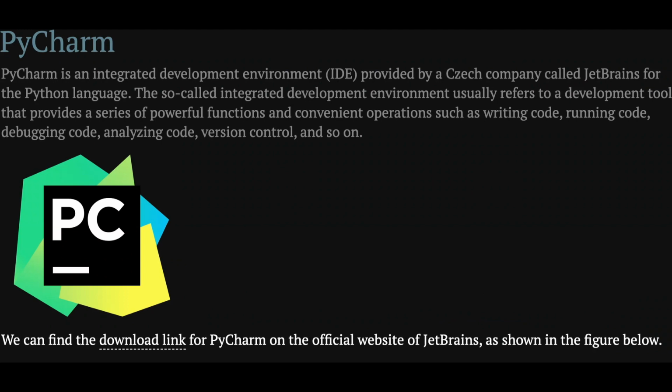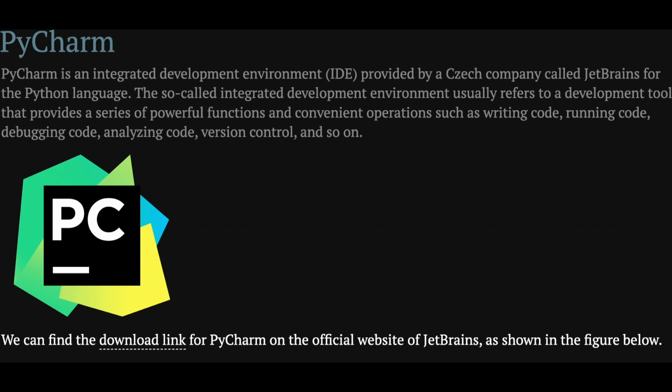PyCharm is an integrated development environment provided by a company called JetBrains. For the Python language, the so-called integrated development environment usually refers to a development tool that provides a series of powerful functions and convenient operations such as writing code, running code, debugging code, analyzing code, version control, and etc. So it is particularly suitable for development of commercial projects. We can find the download link for PyCharm on the official website of JetBrains.